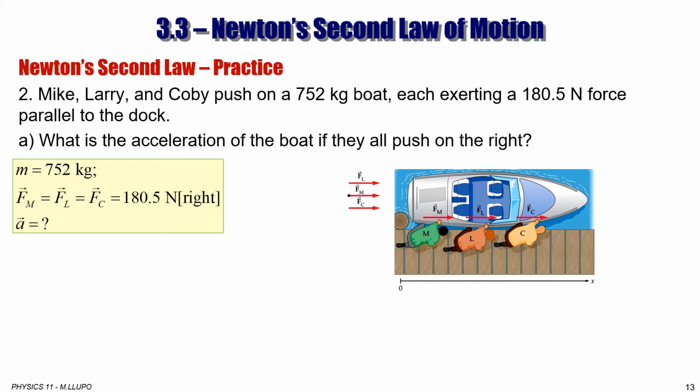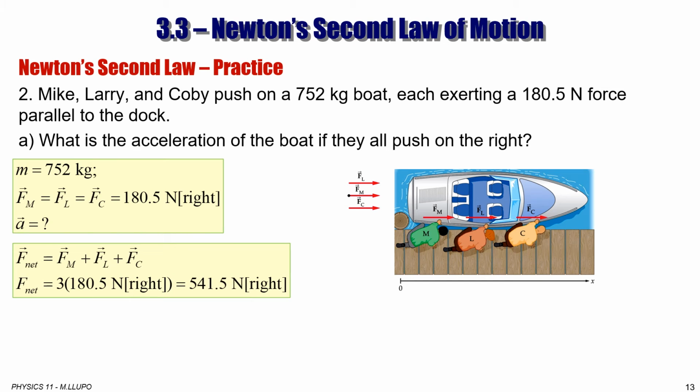Let's see what is given and what is required. You have the mass of the boat, 752 kilograms, and the force that Mike, Larry, and Kobe are pushing with. Each of those forces is 180.5 Newtons, right?